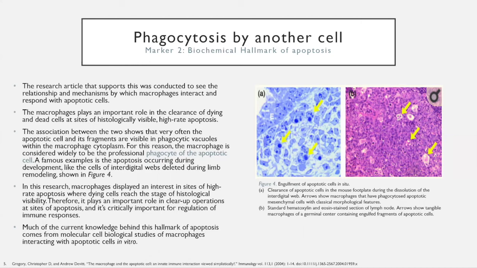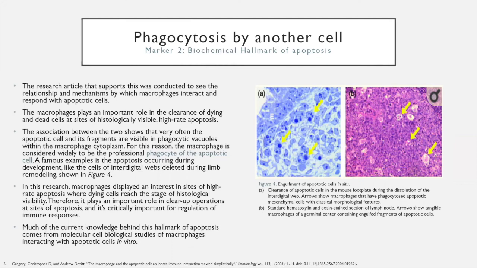For this reason, the macrophage is considered widely to be the professional phagocyte of the apoptotic cell. A famous example is the apoptosis occurring during development, like the cells of interdigital webs deleted during limb remodeling, which is what is shown in figure 4 to the right.